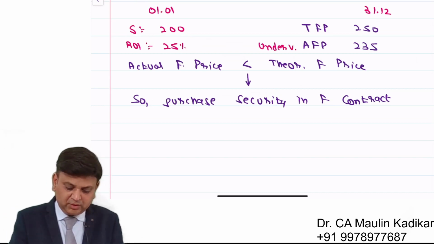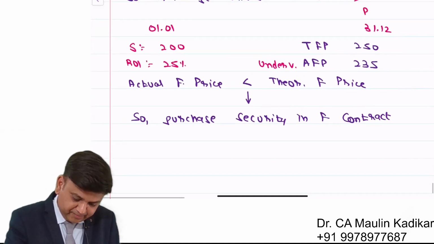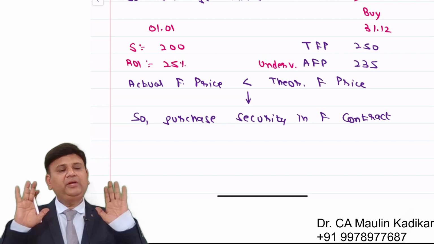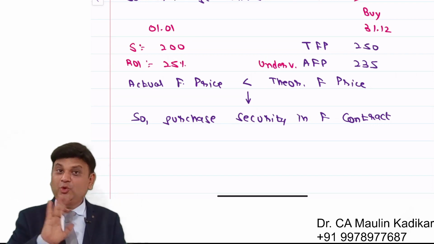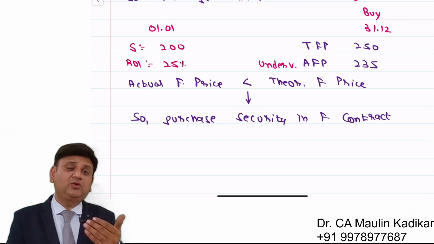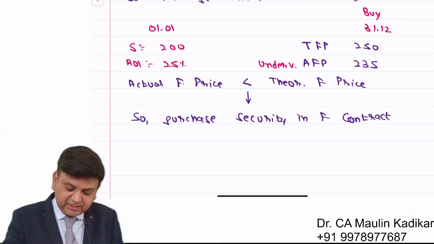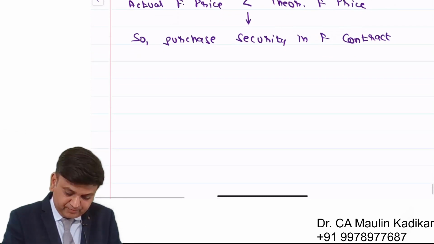Okay. Understand importantly, at the end of the year, you are going to buy. With only buy, can you make a profit? No. Why? Because let us say that you enter into the F contract to buy the security at the rate of 235.